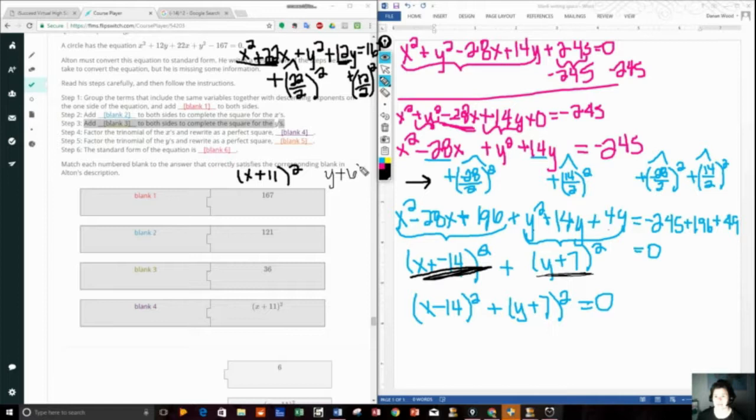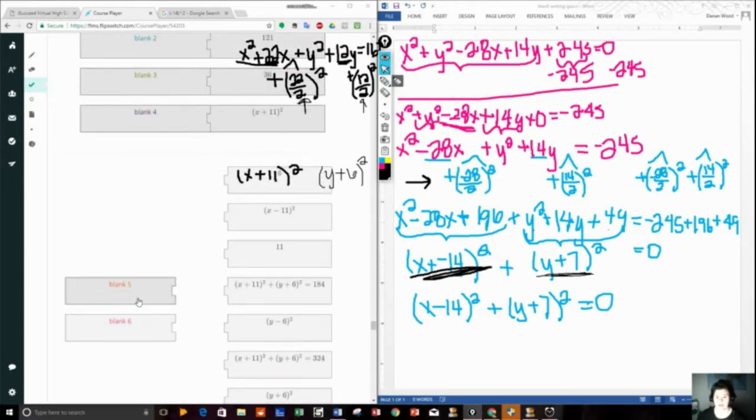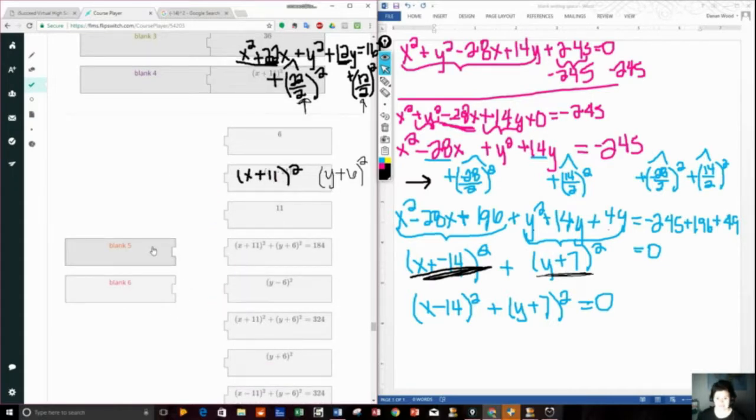And that's 6 squared. So it's whatever is inside our parentheses that we add. So blank 5 is 6. Whoops, no it's not. It's y plus 6 squared.